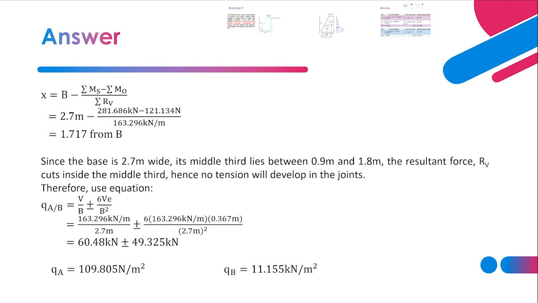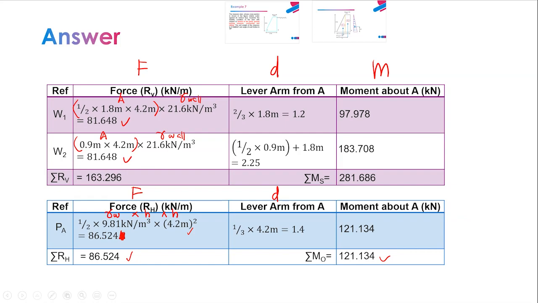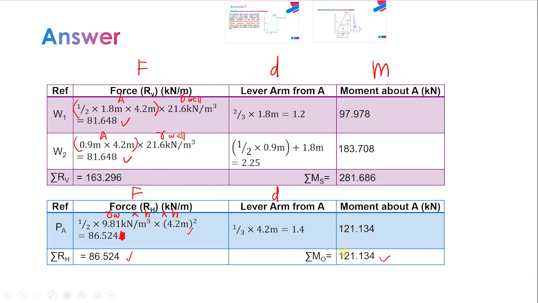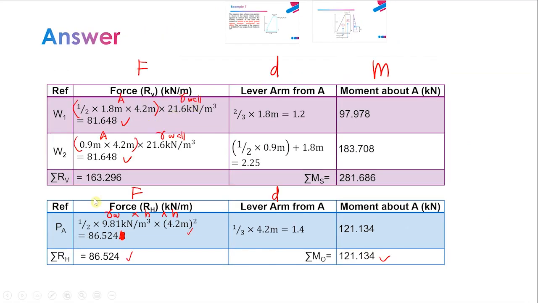This is the formula. Check back your formula from earlier. Insert what we have obtained. Since our retaining wall has a width, or base, of 2.7 meter, minus the total stabilizing moment, which you already have here, 281.686, minus the total overturning moment. Look back here. So total overturning moment is 121.134. Divide by the total vertical forces, which is 163.296.